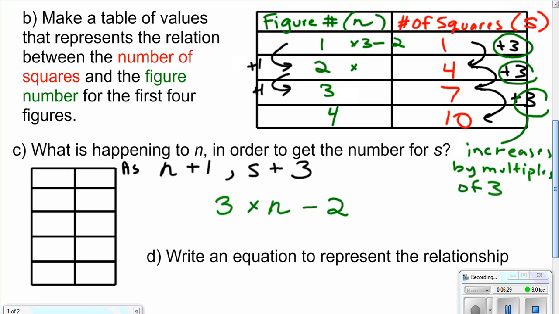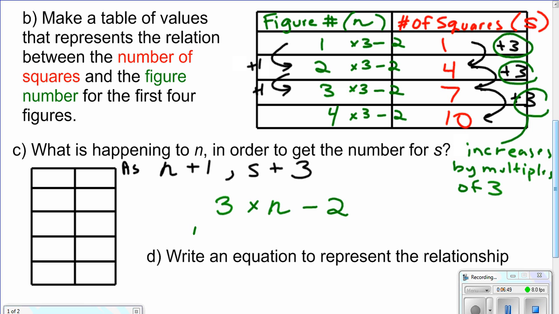So 2 times 3, so take the figure number times by 3, that gives us 6. If we take away 2, that gives us 4. 3 times 3 is 9, take away 2 gives us 7. 4 times 3 is 12, take away 2 is 10. So our pattern is times 3 minus 2.